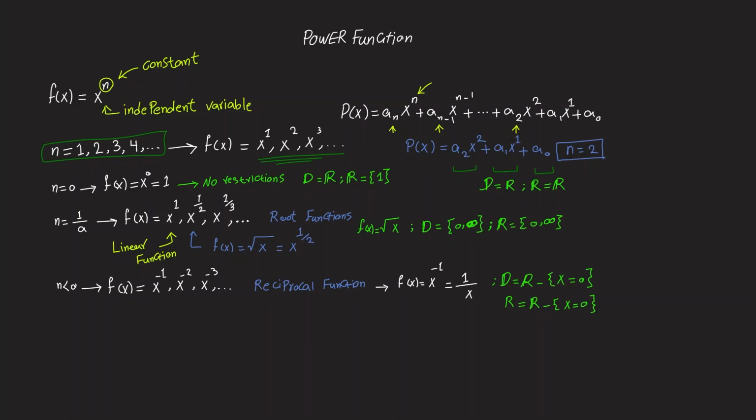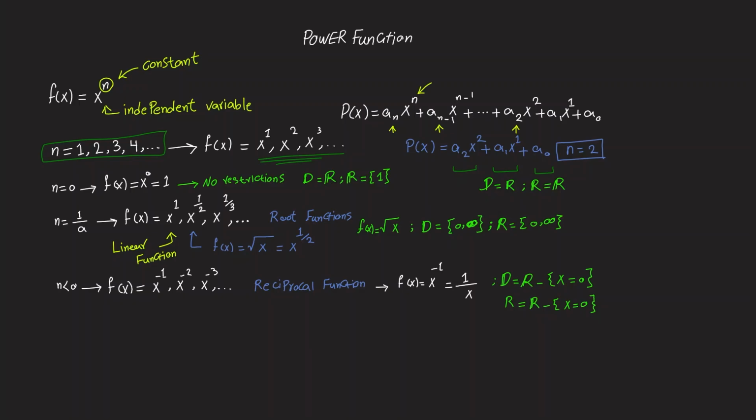For the case where n is a fraction like 1 over a, we get power functions of the form x to the power of 1, x to the power of a half, x to the power of a third. We call these functions root functions, and the domain and range of these root functions is 0 up to infinity, because under the square root function there cannot exist a negative number. For the case where n is less than 0, we get power functions of the form x to the power of negative 1, x to the power of negative 2, x to the power of negative 3, and so on.